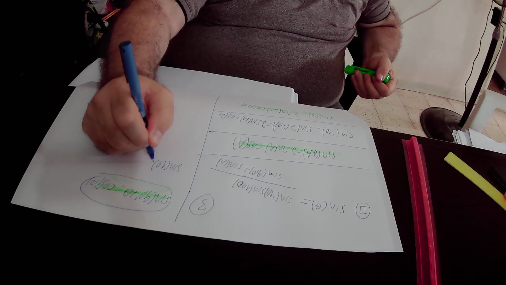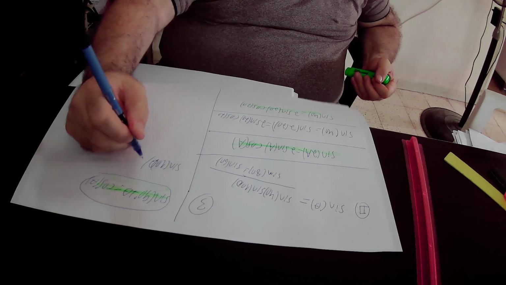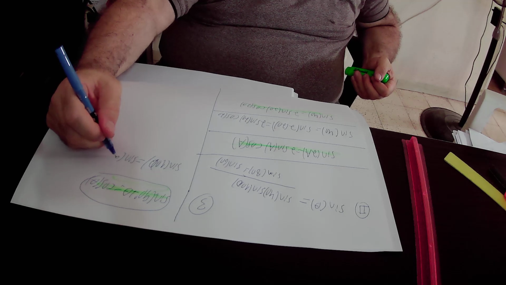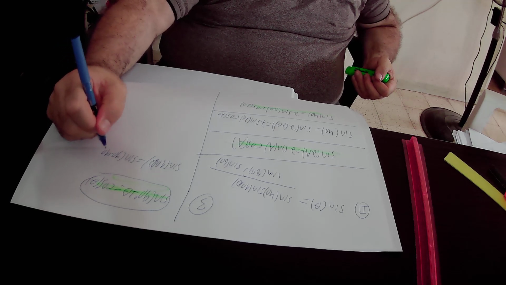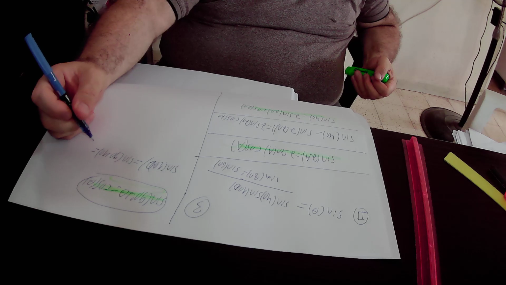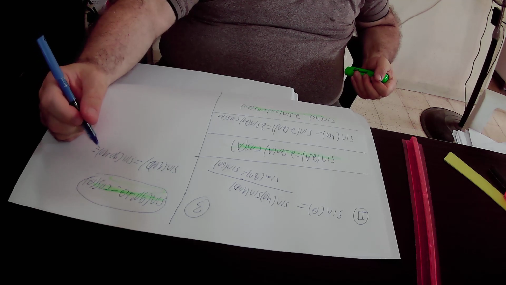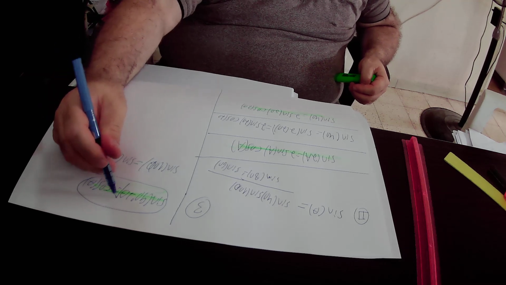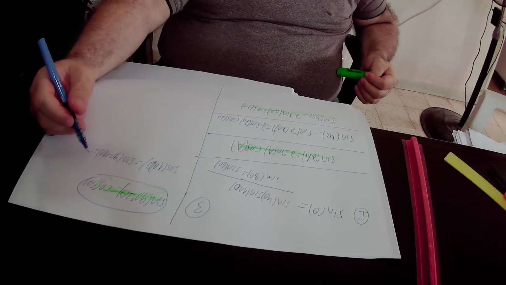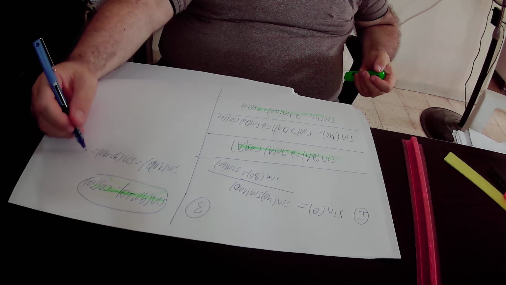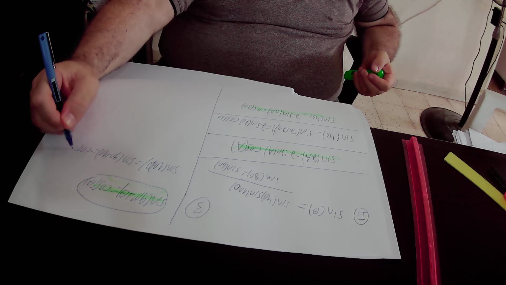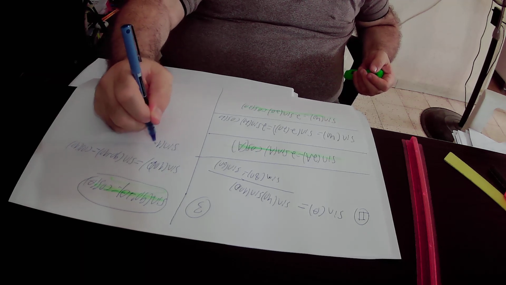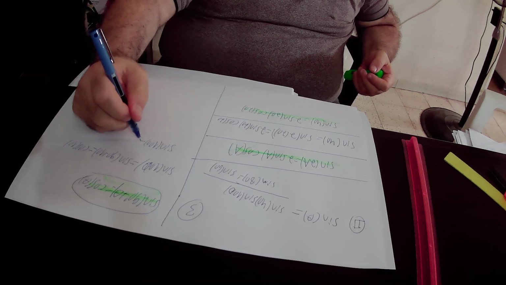Sine 100 degrees equals sine 90 degrees plus 10 degrees, of course. And sine 90 degrees plus 10 degrees, according to this identity, will be equal to cosine 10 degrees. So in conclusion, we found out that sine 100 degrees equals cosine 10 degrees.